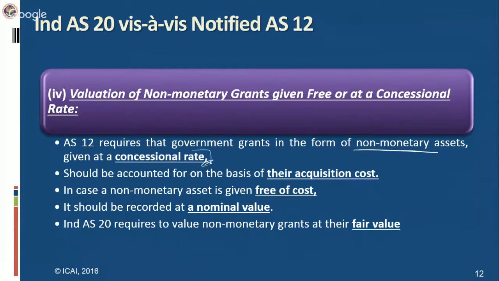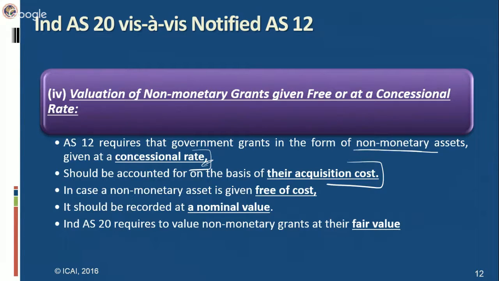If given at a concessional rate, AS 12 states that it has to be recognized on the basis of acquisition cost. That means if something costing ₹100 is received from the government at ₹60, you have to recognize that asset in the books at ₹60 only.